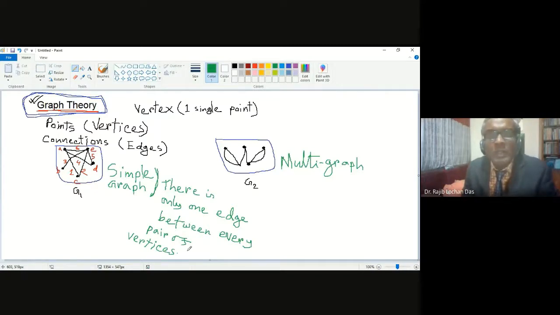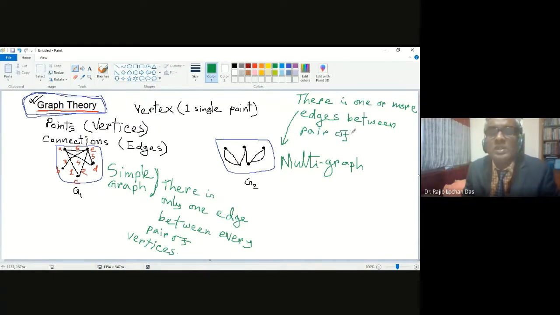And what is a multigraph then? In a multigraph there may be one or more edges between a pair of points, that is vertices. Sometimes only one connection is possible, sometimes more.